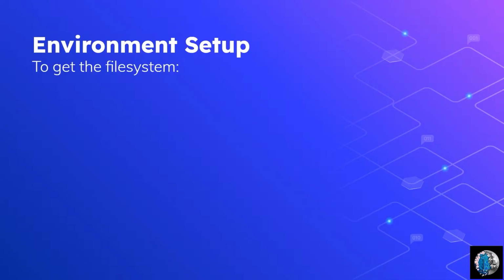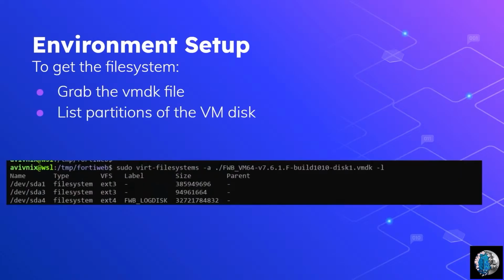After you boot the VM and see that everything is working, the first thing you do is get the file system. To get the file system, you grab the VMDK file and list the partitions on the VM disk. By the way, the VMDK file is the virtual machine disk.